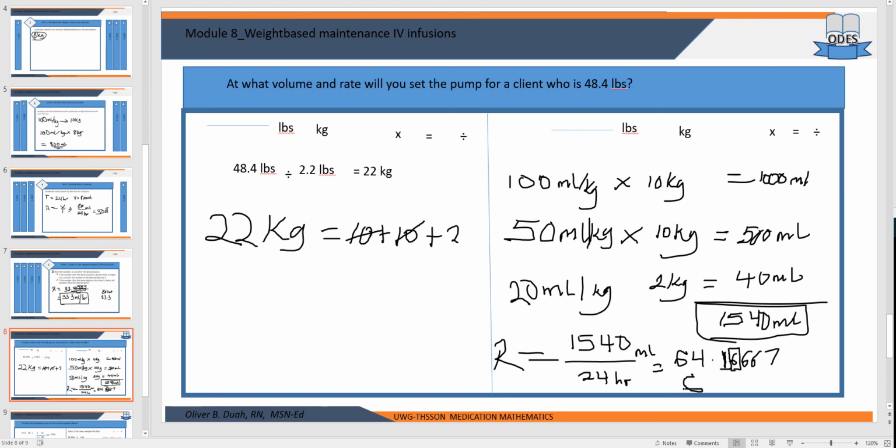So we will get 64.2 as our final answer. So our volume that we will program in the pump is going to be 1,540. And then our rate is going to be 64.2 ml per hour.